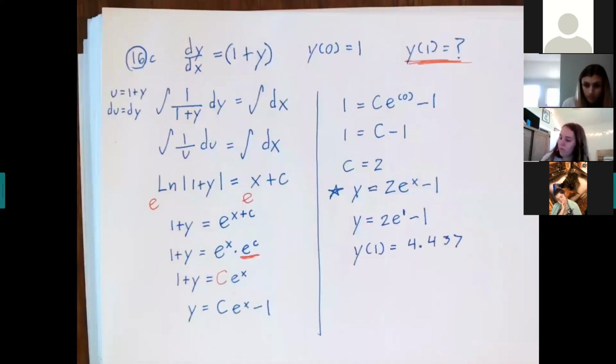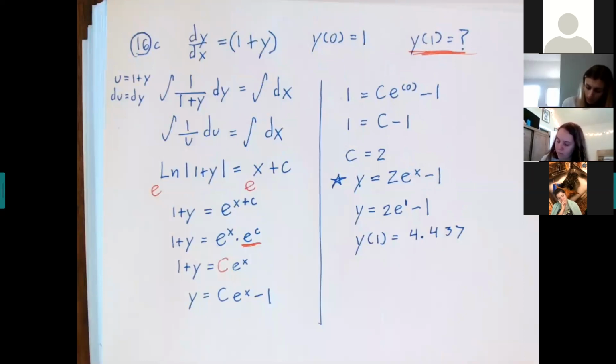And let me see what they're asking there at the end. The final question says, does that value agree with the curve you sketched in part A? Let me look at what they did on part A here. y of 1.